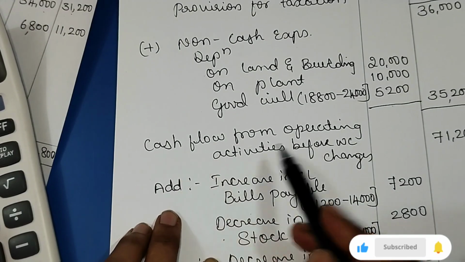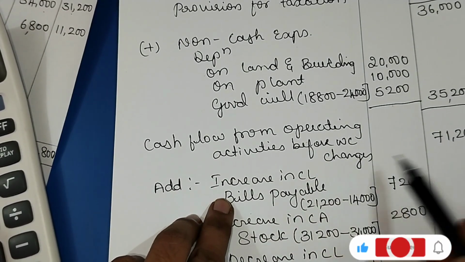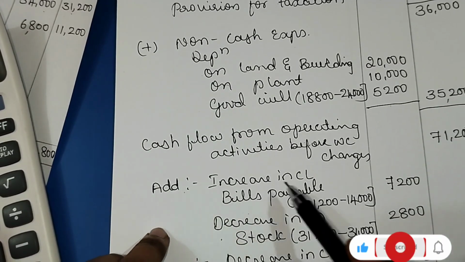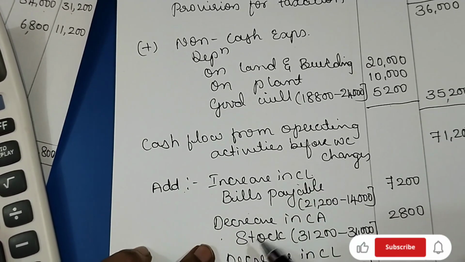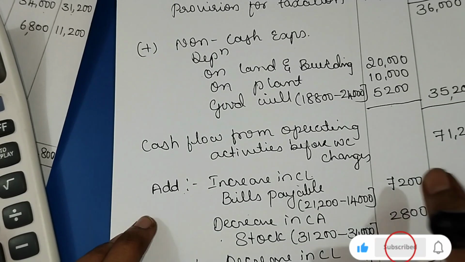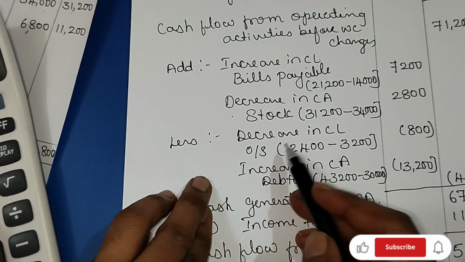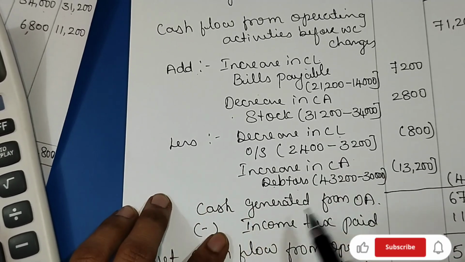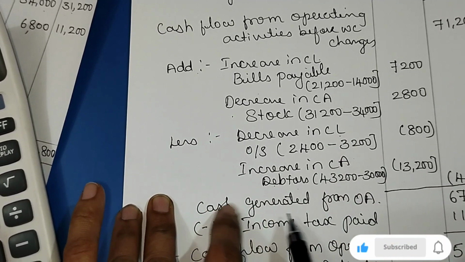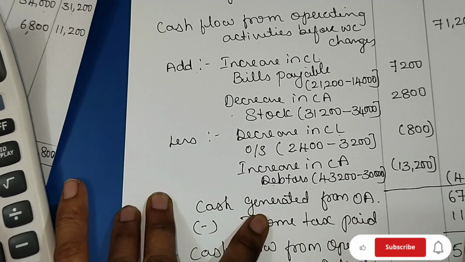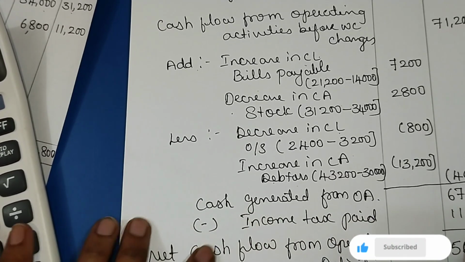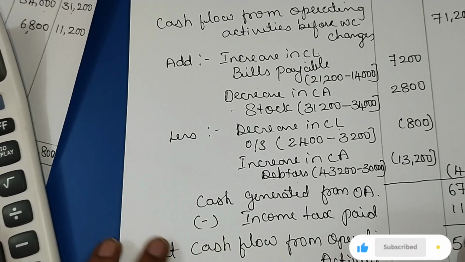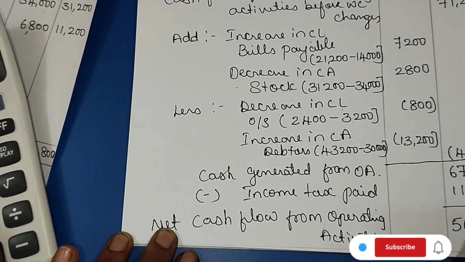Then cash flow from operating activity before working capital changes. To this amount we have added increase in current liability, decrease in current assets, then deducted the decrease in current liability and increase in current assets. Then we have received the cash generated from operating activity. From this amount, we have deducted whatever tax we have paid for the year. The net cash flow from operating activity.